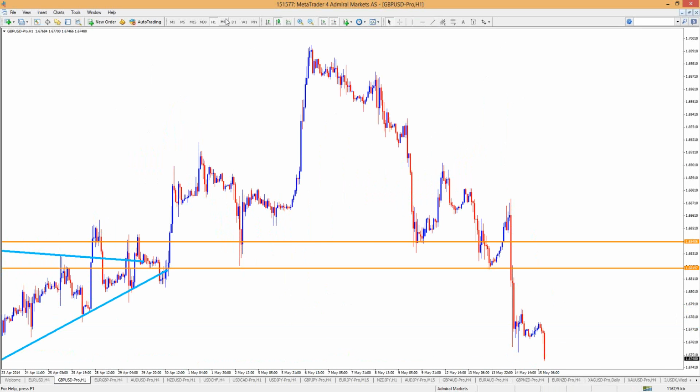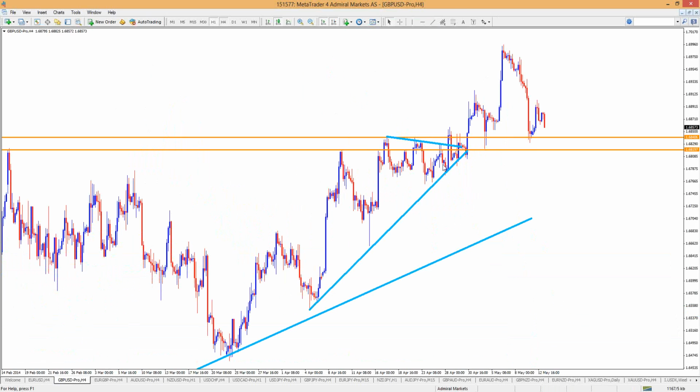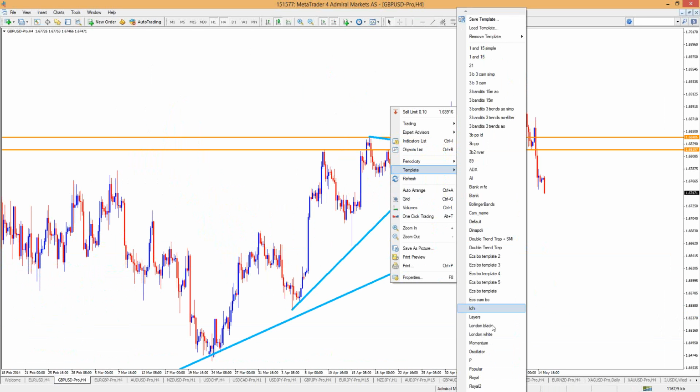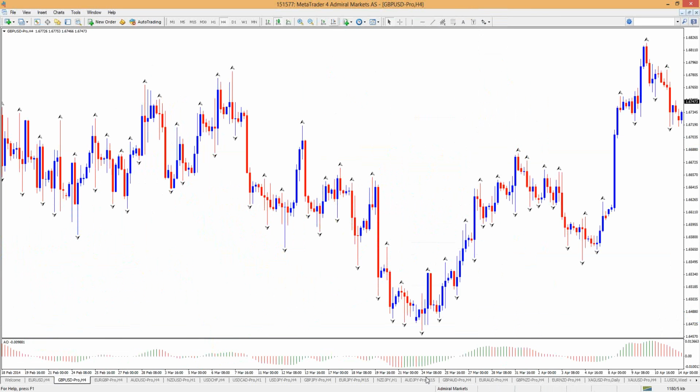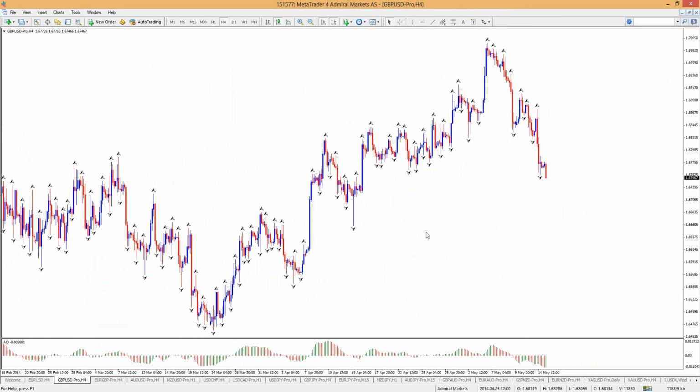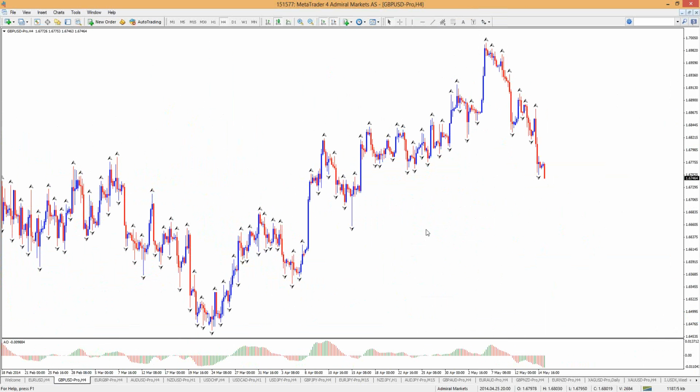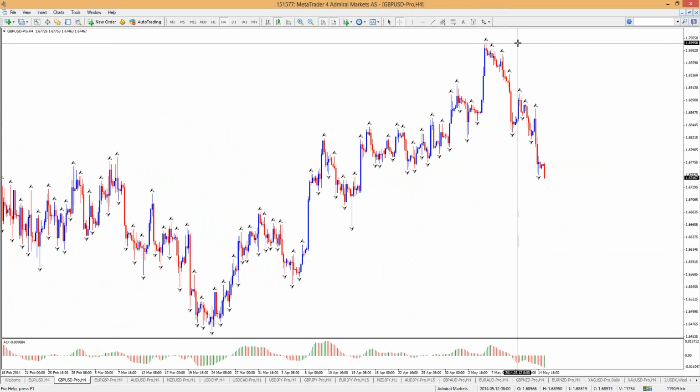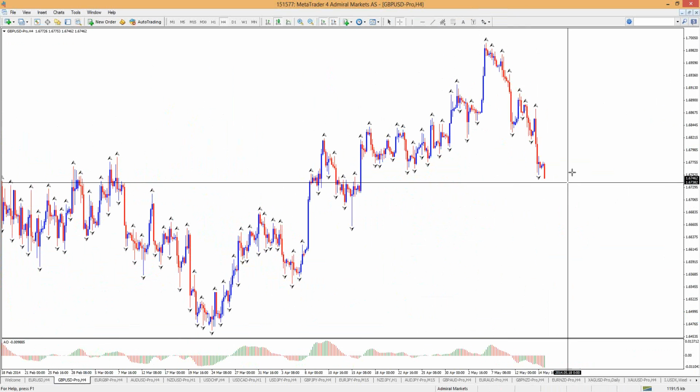Pound dollar is moving down too. Pretty fast fall, in fact. Down 250 pips already.